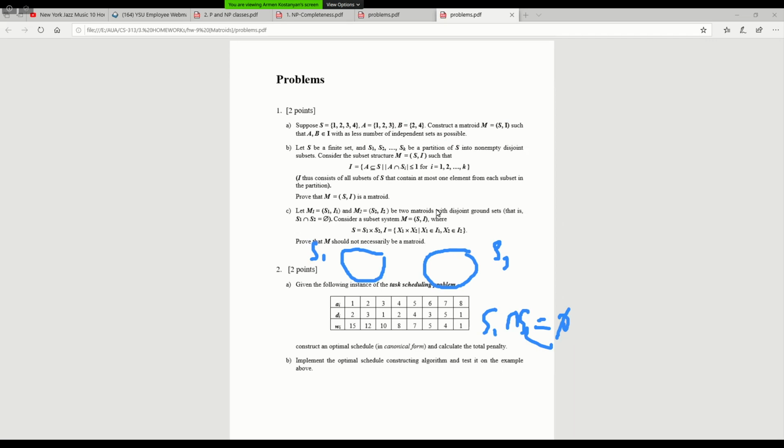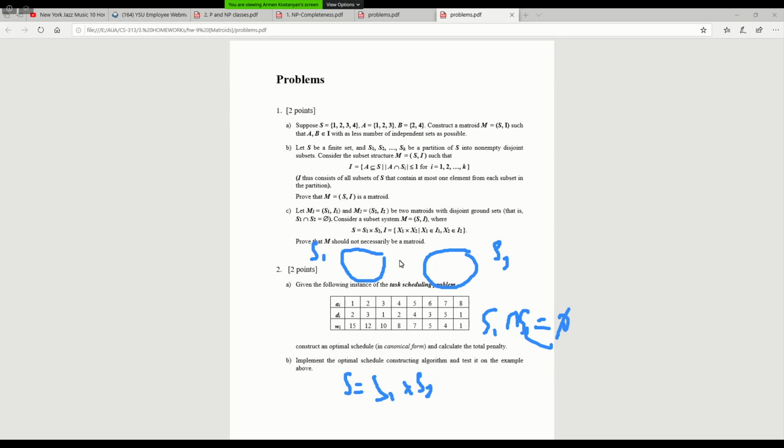Then we construct a new subset system by saying that the ground set is the Cartesian product of S1 and S2. Or in other words, we take all pairs of elements, the first of which belongs to S1, the second belongs to S2.